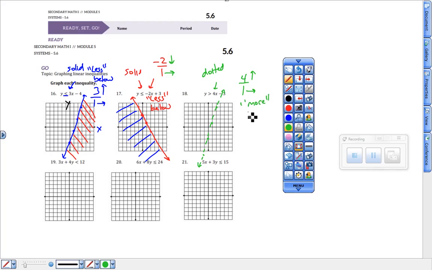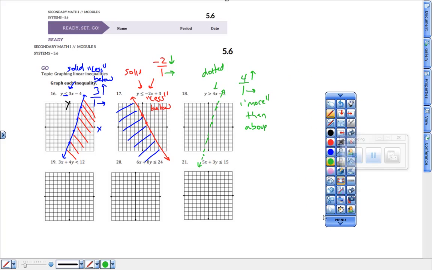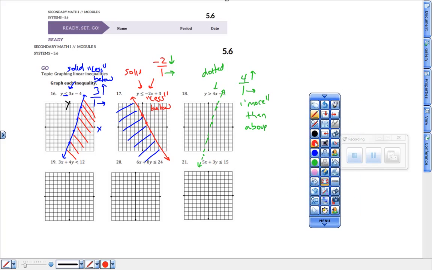For these lines where it's almost more vertical, harder to see which side is above. If I have a line nice and flat, easy to see this is above and this is below. But when your line is more vertical like this, it's tougher for people to see that really above this line is up here. People resist that because that's where all the negative numbers go on your graph. But yep, that is more than that graph, more than 4x minus 3.